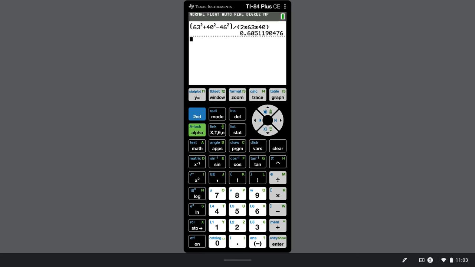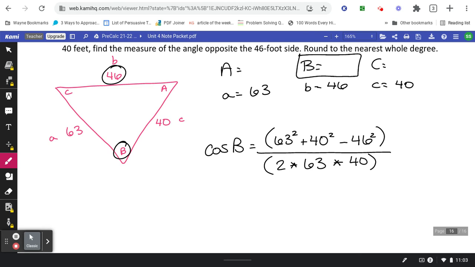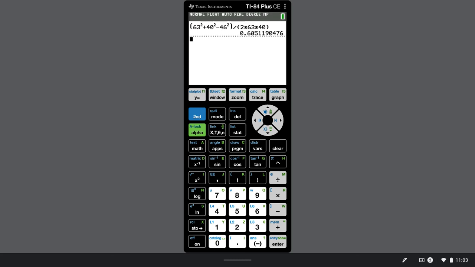Hit enter, and then remember at the end, because we have that cosine, this one right here, we need to then inverse cosine the answer. So second cosine, second answer, 46.755. We'll round that to the nearest whole degree. We'll call that 47 degrees.